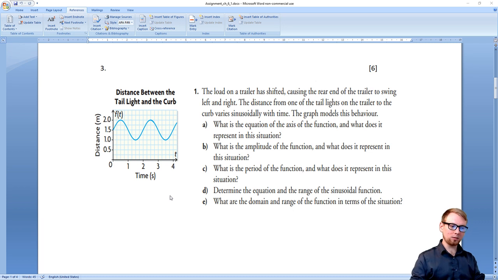No, it's not 0. 0's down here. No, don't guess. I want you to take a look and see. Remember that sine starts at 0. Okay? Sine of 0 is 0. This is a sine function. Sine starts at 0. So if we are up to 1.5, how far did we go up?